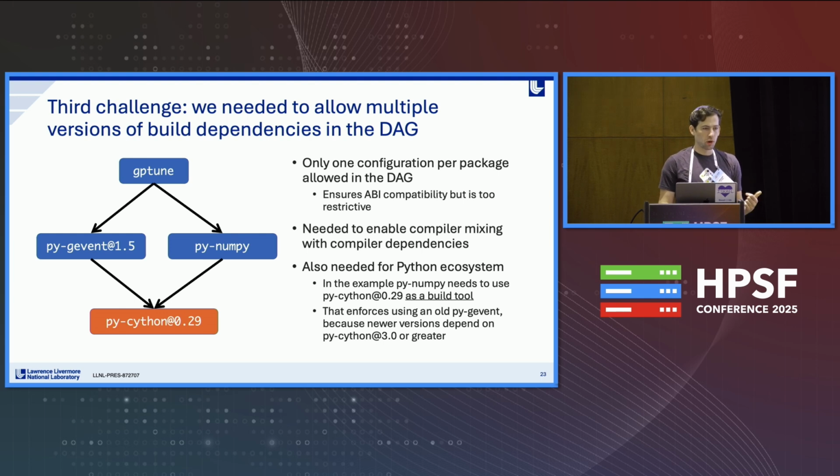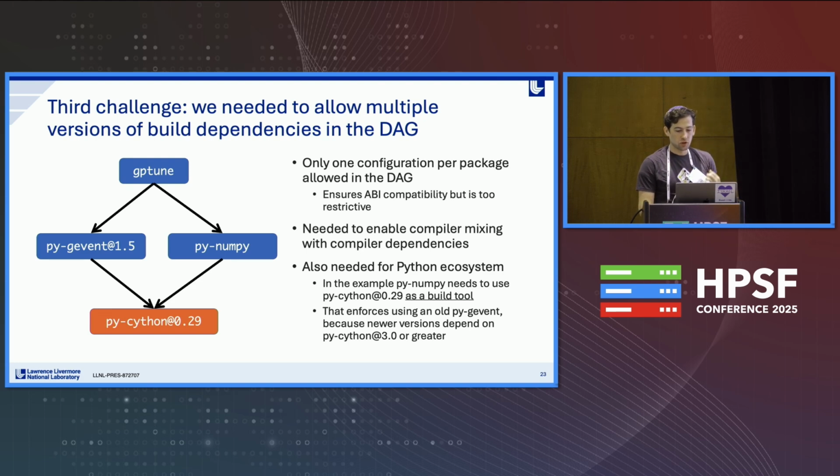This is also important for Python, where things like py-setuptools or Cython are often at very restricted versions for individual packages. And so it's very easy to run into cases where you can't get away with only one build dependency for your entire graph. You have to have some way to split it.